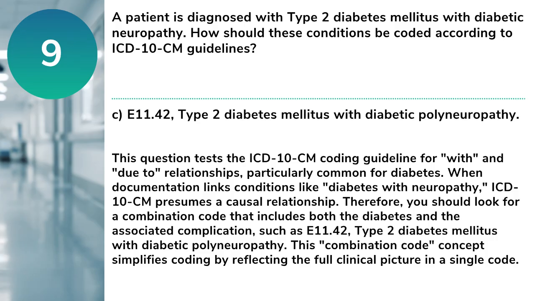Therefore, you should look for a combination code that includes both the diabetes and the associated complication, such as E11.42, type 2 diabetes mellitus with diabetic polyneuropathy. This combination code concept simplifies coding by reflecting the full clinical picture in a single code.